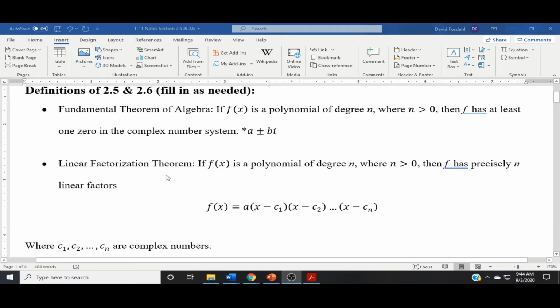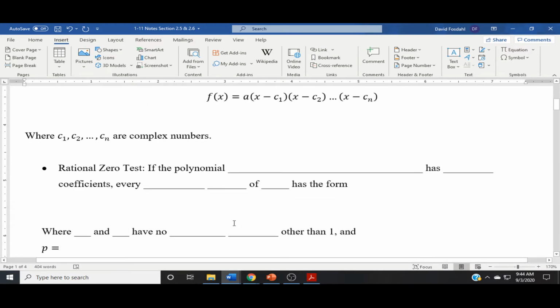This first one is telling us that there will always be one complex number that is our zero, and the second one tells us that there's linear factorization, up to x minus c1, x minus c2, so on. Remember, this is from when we did synthetic division. Same idea, same thing. Okay?